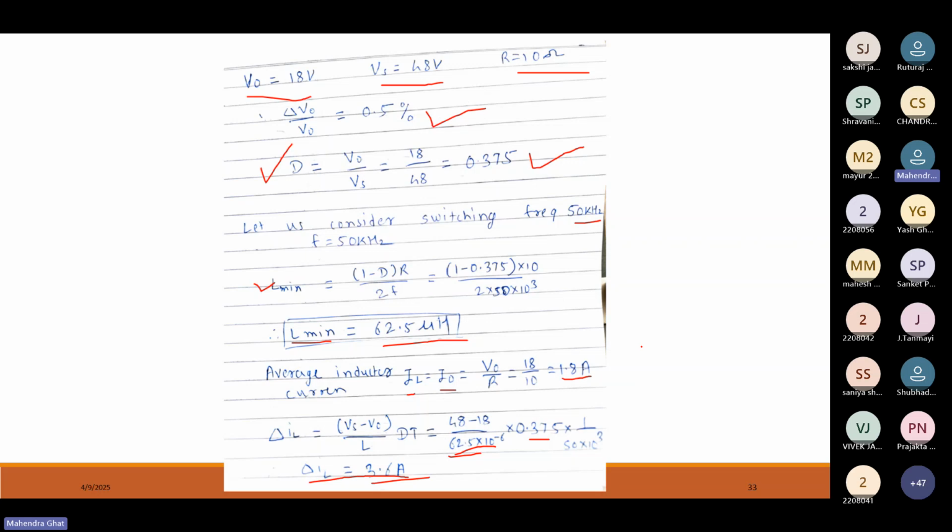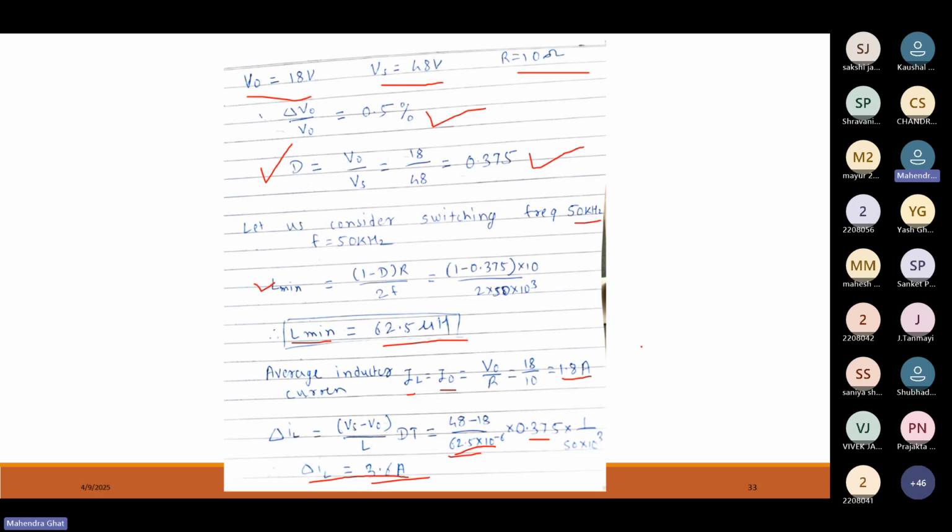But if we go for the IGBT, IGBTs can operate up to 20-25 kilohertz. But if I want to use the MOSFET, then I can go for any switching frequency, higher than 25, 30, 50 kilohertz. So that depends on our design criteria. There is no such thumb rule that we can go for this one or this one.